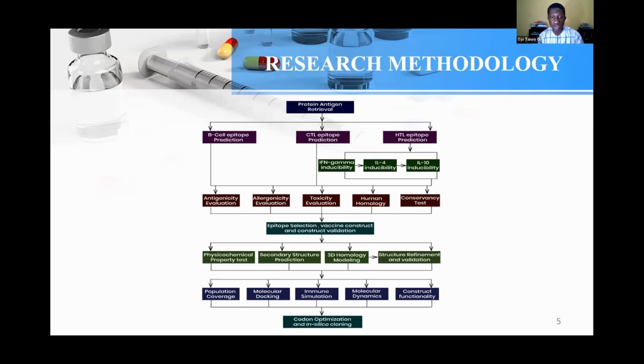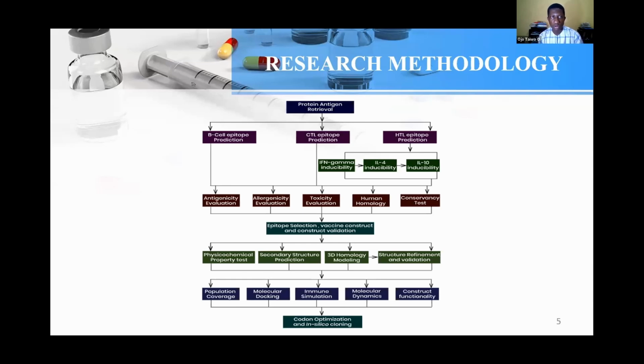Now, all of these epitopes, after rigorous assessment, were further used in the construction of the vaccine. And the vaccine, which is our primary sequence, was also tested for its physicochemical properties. In these physicochemical properties, we tested parameters like the total number of amino acid residues present in the vaccine construct, the aliphatic index, the GRAVY, and also the instability index of the vaccine.